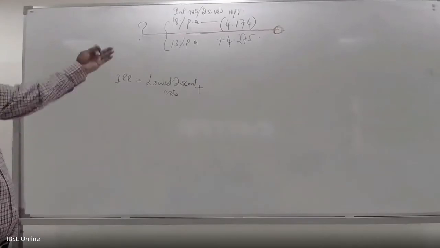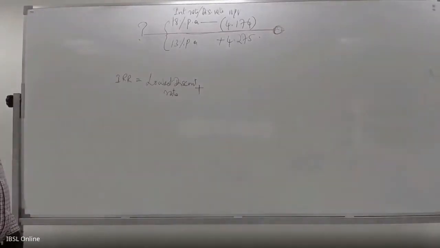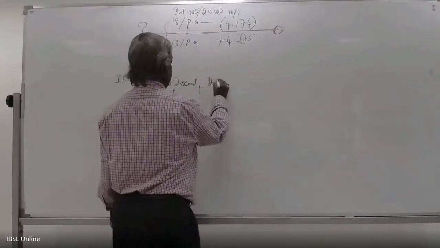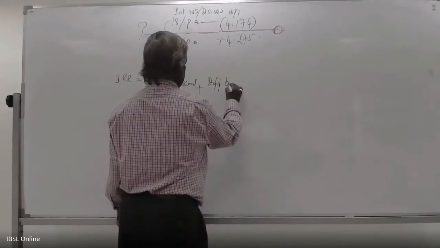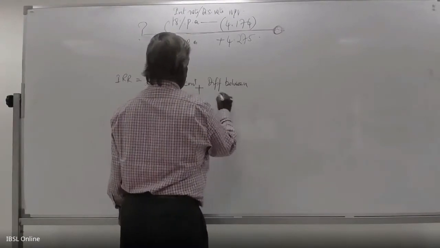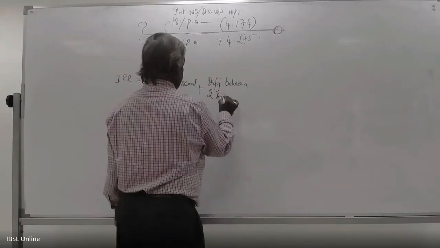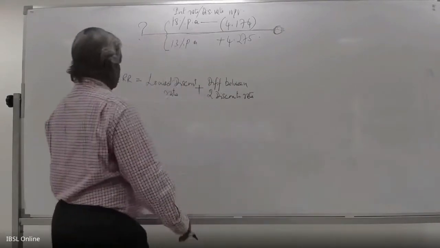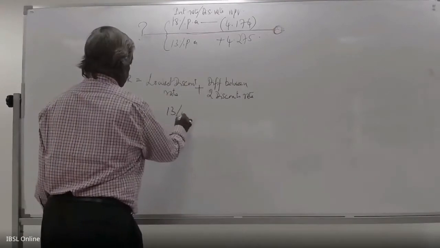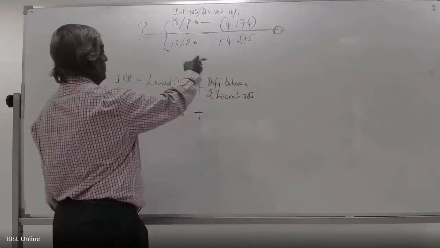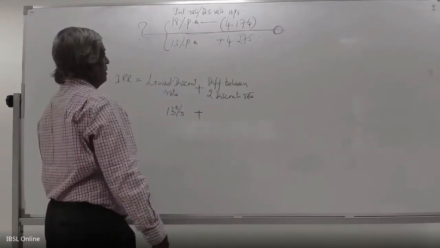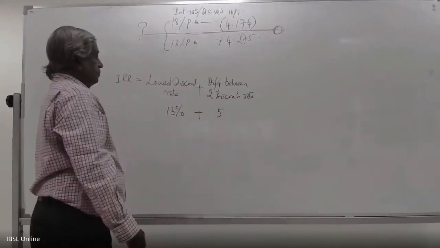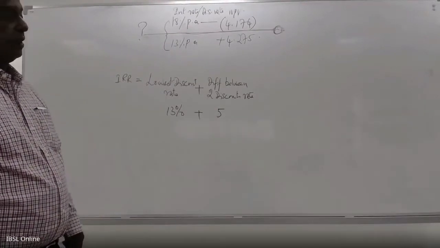In this example, 13% is the lowest discount rate, plus the difference between two discount rates. 18% and 13%, that is 5.